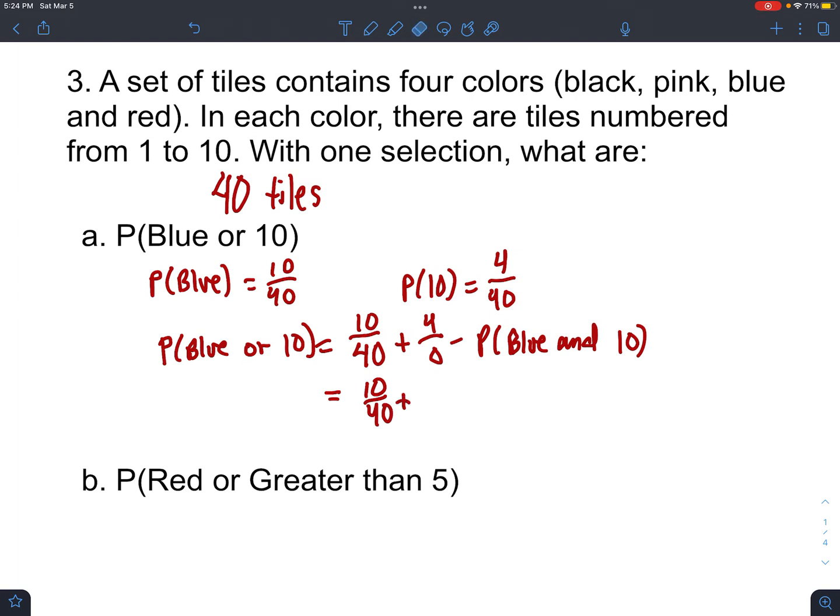Oh, sorry, that should be a 4. And what's the probability we pick a tile that's blue and a 10? Well, there's only 10 blue tiles, and only one of them is a 10. So we know that this is 1 out of 40.